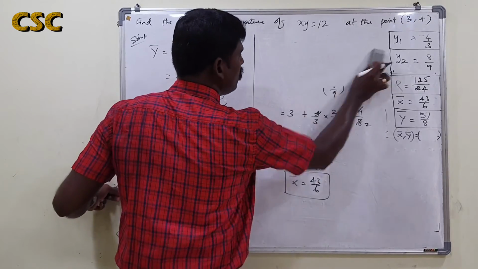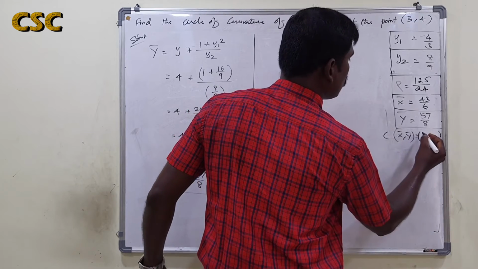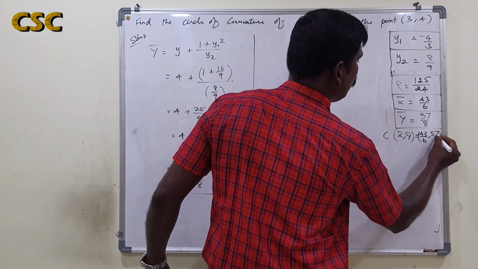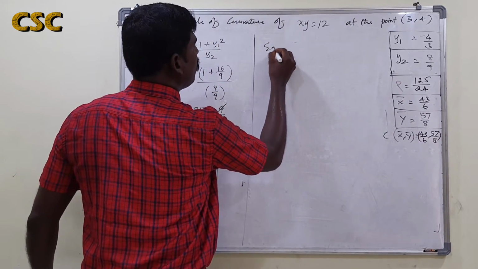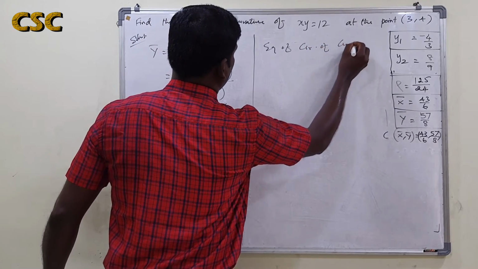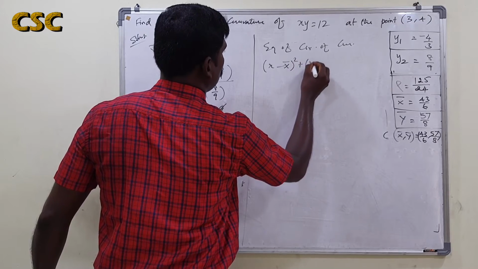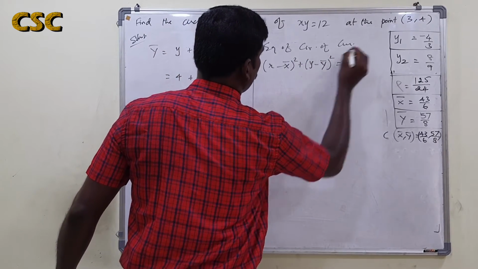Okay. So after finding all three, what is the center of curvature? X bar comma y bar is 43 by 6 comma 57 by 8. So using these three values, the equation of the circle of curvature: x minus x bar the whole square plus y minus y bar the whole square is equal to rho square.